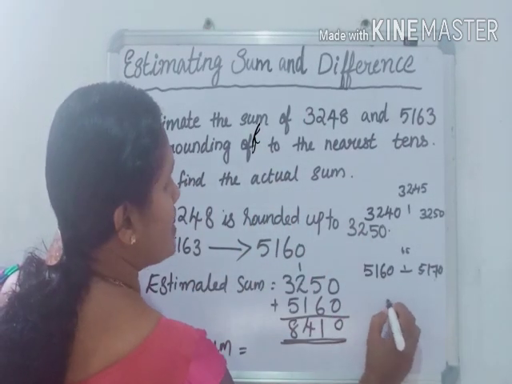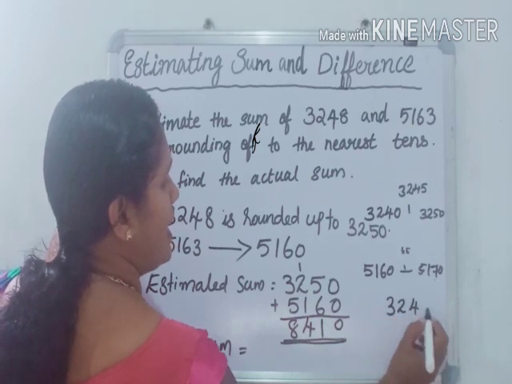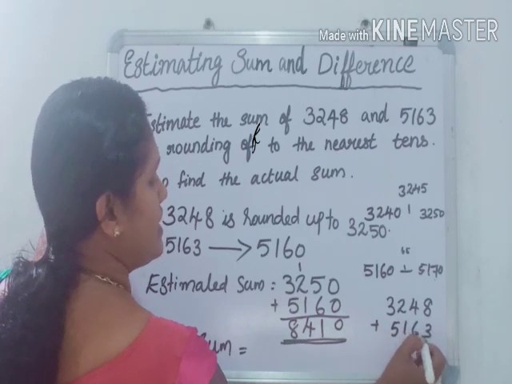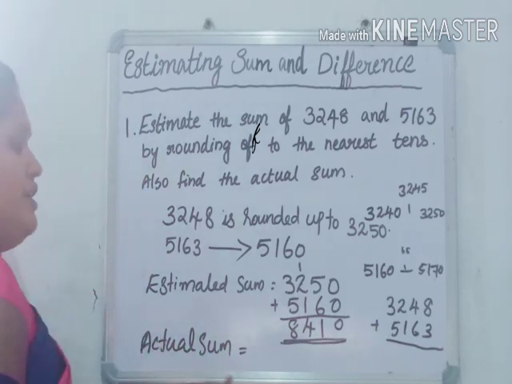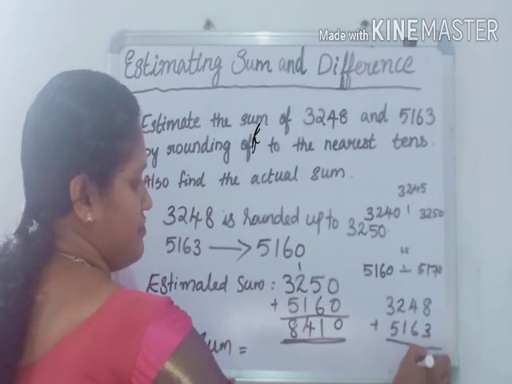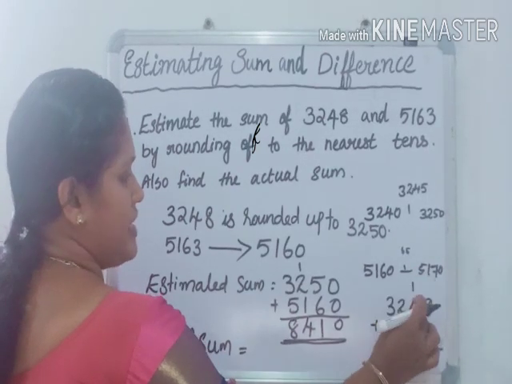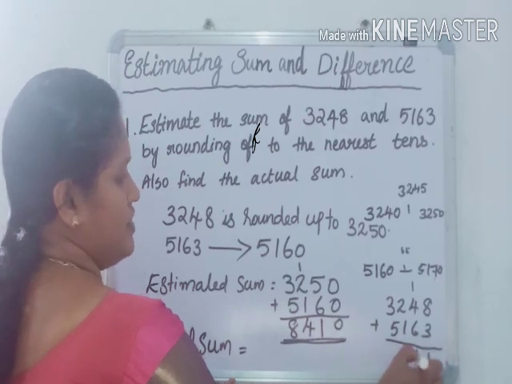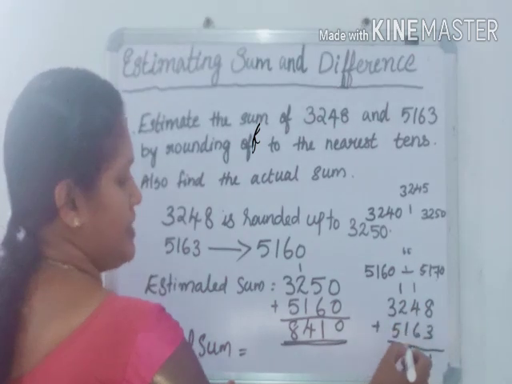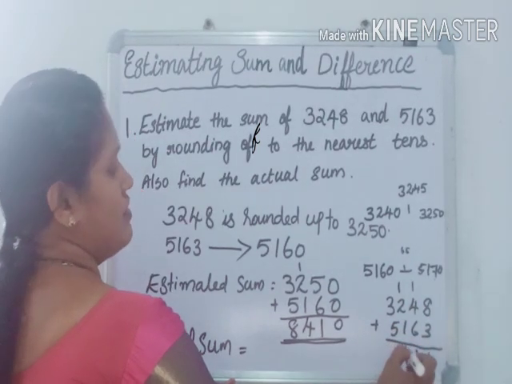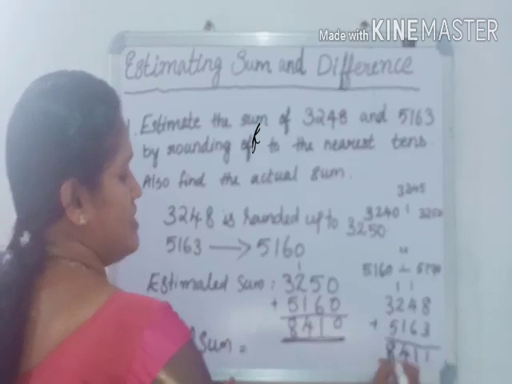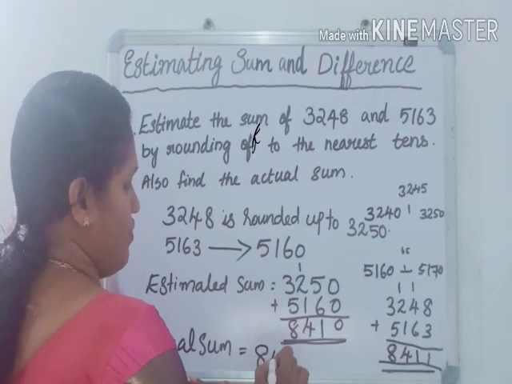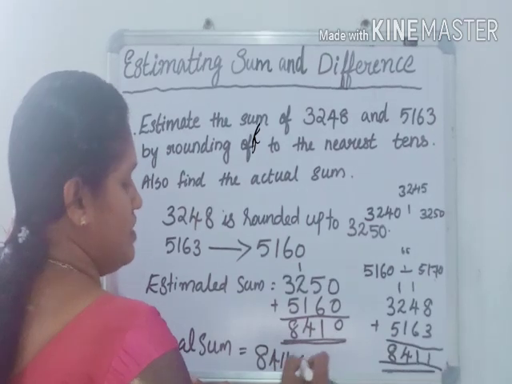Here 3248 plus 5163. 8 plus 3, 11. 1 carry over. 1 plus 4, 5. 5 plus 6, 11. 1 carry over. 1 plus 2, 3. 3 plus 1, 4. 5 plus 3, 8. The actual sum is 8411. Clear?